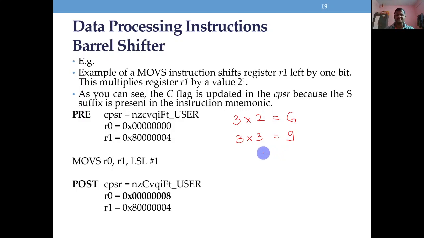Can anyone tell me the answer? You can perform 3 into 4 or 3 into 8, no problem, since powers of 2 can be done by shifting. But if that number is not a power of 2, how can you perform multiplication?